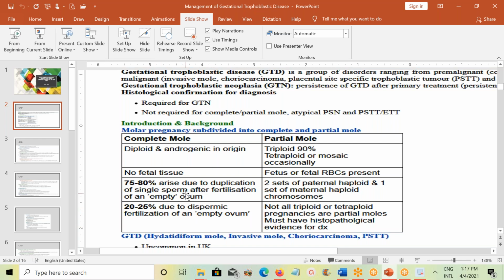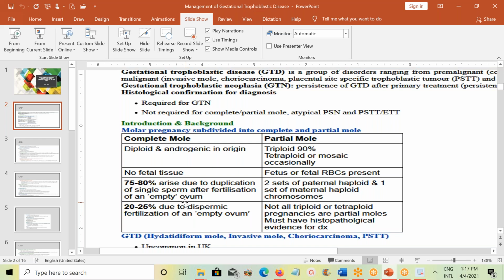Here there was an empty ovum and a single sperm entered, but after this single sperm entered, it divided into two. Why? Because the maternal egg was not fine. If the egg was there and things were intact, then once the sperm has penetrated the zona pellucida, no more sperms can enter, and once the sperm has entered the cell, it should stay as it is.